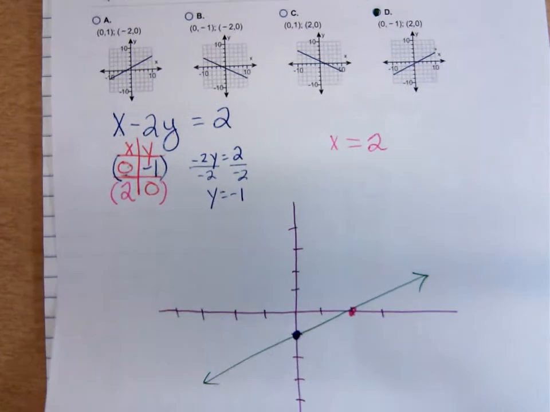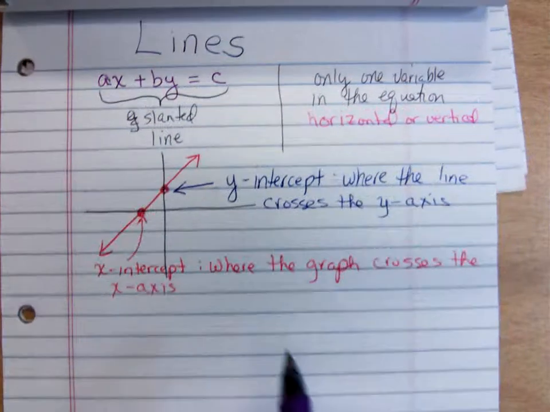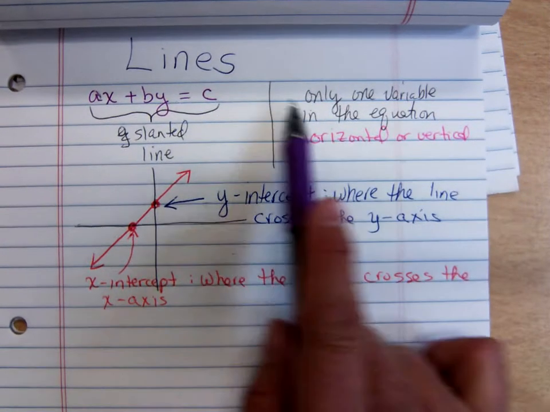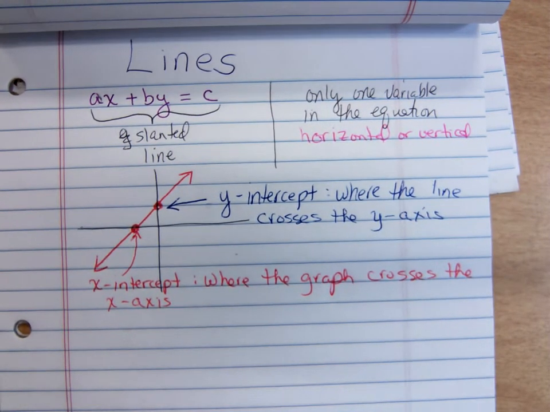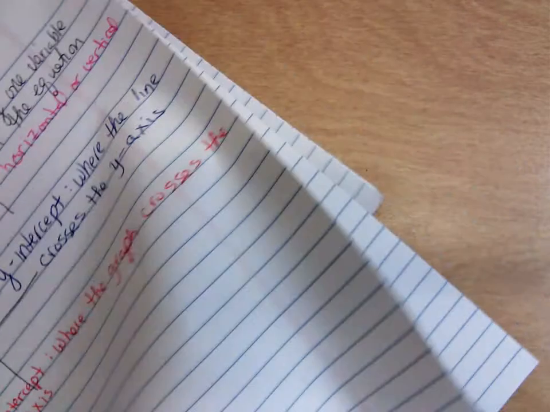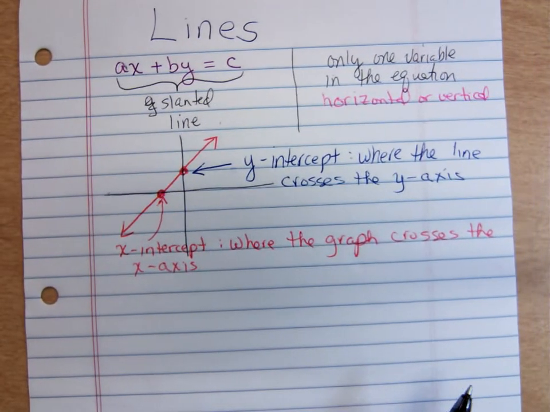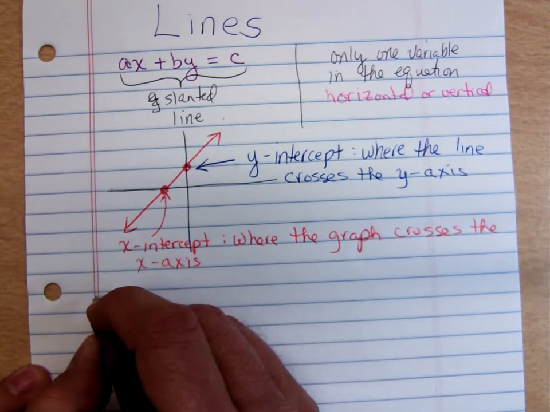Now, a little word about vertical and horizontal lines. Those are the lines whose equation has only one variable. If there's two variables, then it's a slanted line. If there's only one variable, it's either vertical or horizontal.